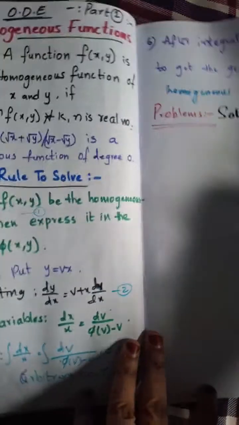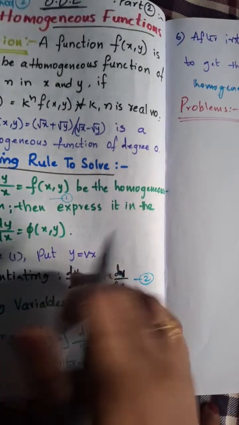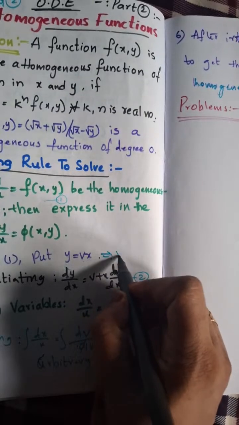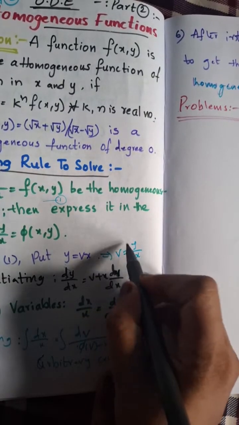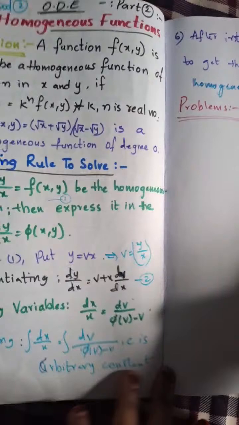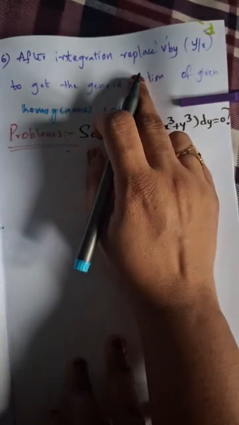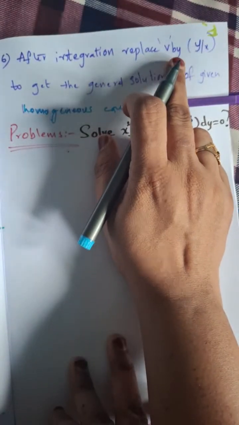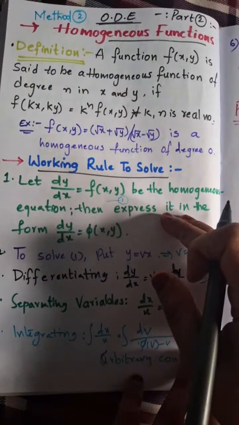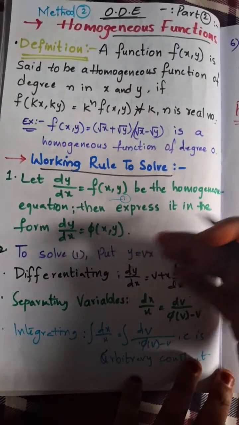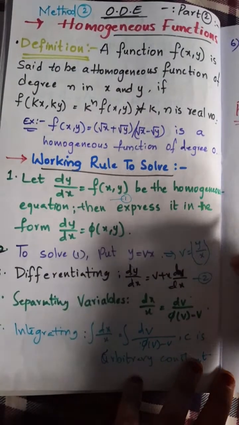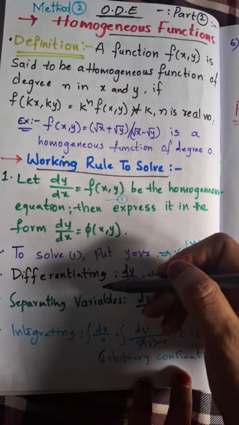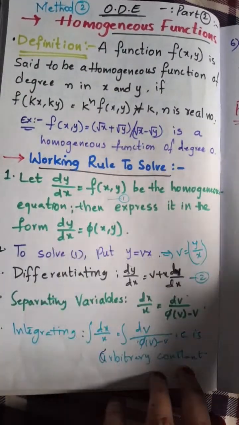As we took y equal to vx, we get v equal to y by x. In place of v we replace y by x to get the general solution of the given homogeneous equation in terms of x comma y. Like this we apply the working rule to solve homogeneous equations.